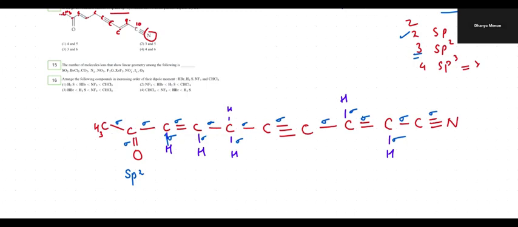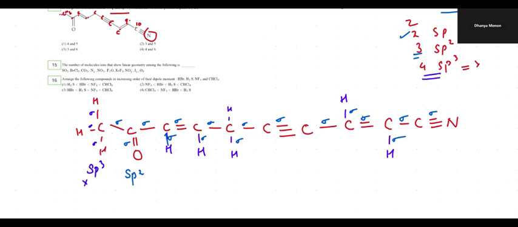Over here, the carbon is bonded to 3 hydrogen atoms, so there are 4 sigma bonds. 4 means sp3. We don't need sp3 hybridization, so I'm not writing it.